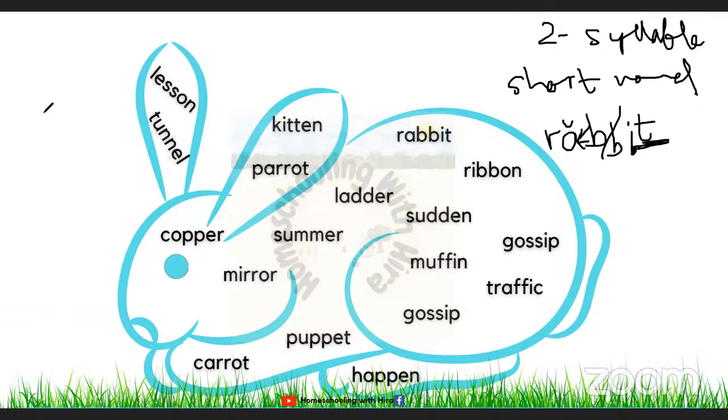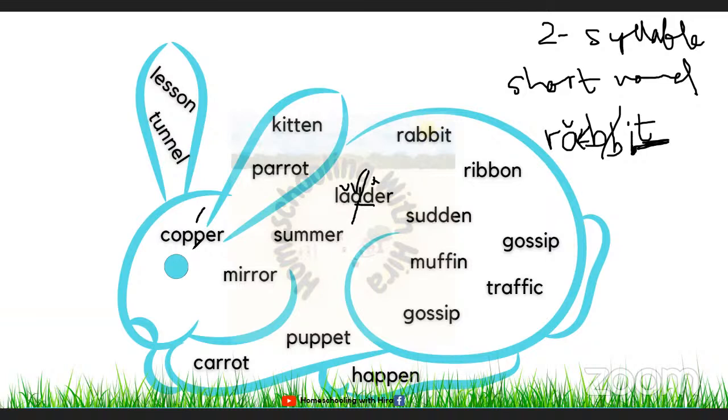Rabbit rule is originally the doubling of the medial consonant. So in the words in which we have a short vowel in the first syllable, ladder. We don't say 'lad-dder'. नहीं बोलते ना हम. We say ladder. Only this D is pronounced, this D is not pronounced. But still we double it because of the doubling of the medial consonant.